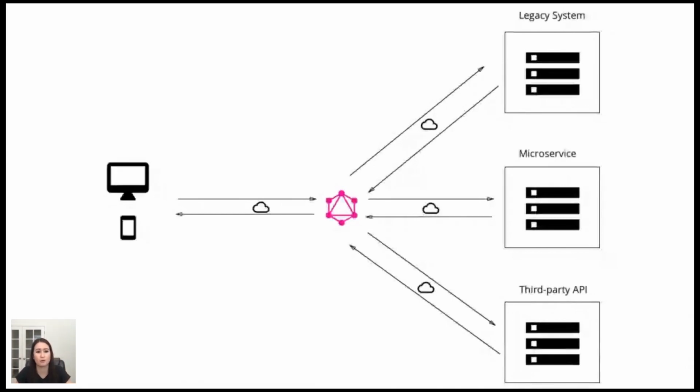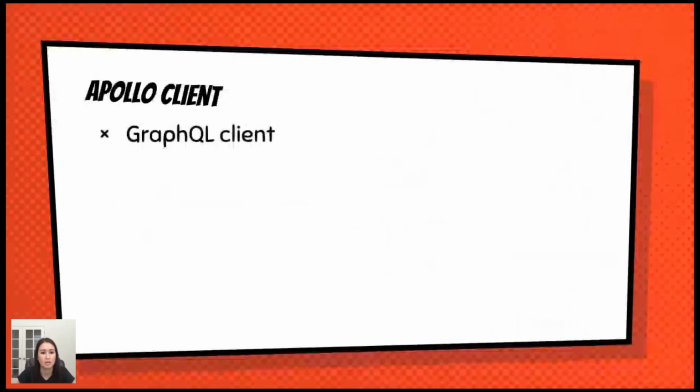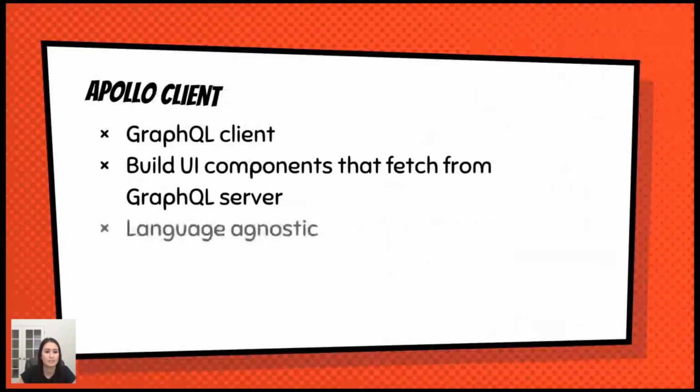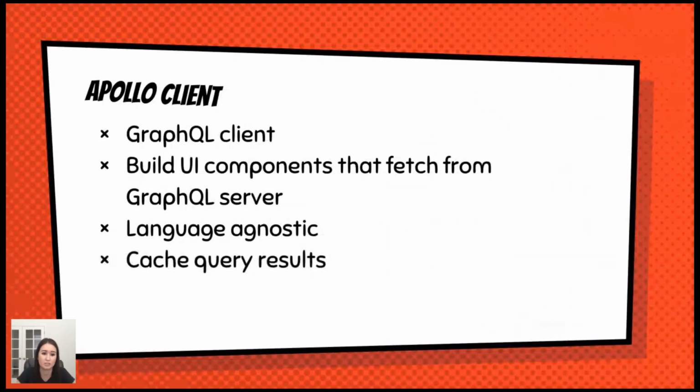So we used Apollo Client for it. We built UI components that fetch from the GraphQL server, which I'll show you how to do in the next slide. It's language agnostic, so you can use Apollo Client with any language. You don't have to use a specific one, which is nice. And then it caches your query results. So if you make a query for getting a user, it'll cache those results.